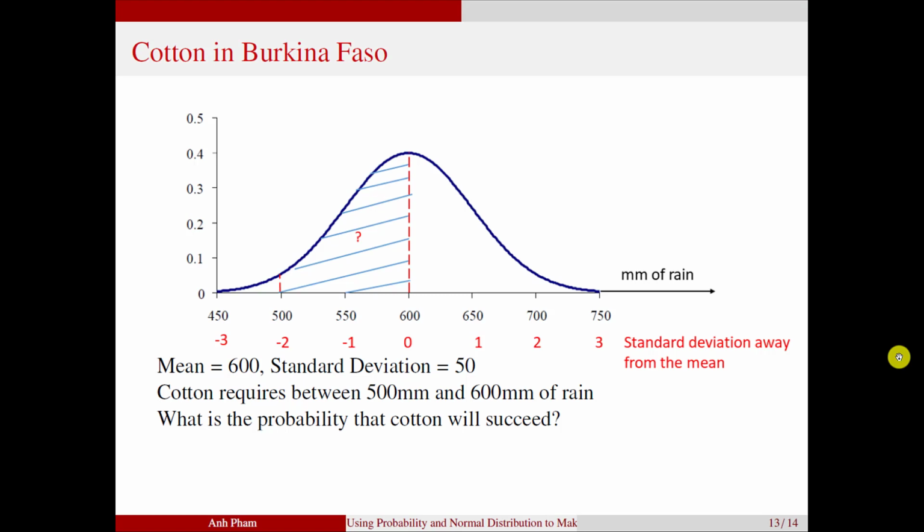And again, either using the formula or the intuition that we used earlier when we calculated the probability of wheat succeeding, we know that the area between 500 and 600 milliliters of rain is the area between an observation that's 2 standard deviations below the mean and the mean.